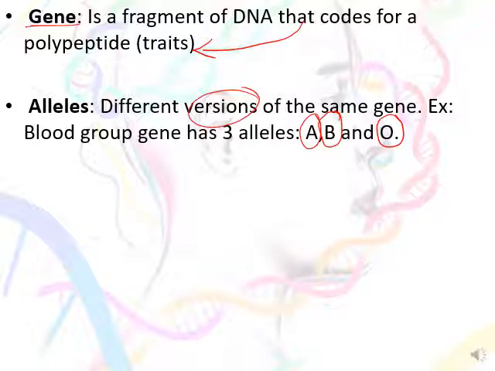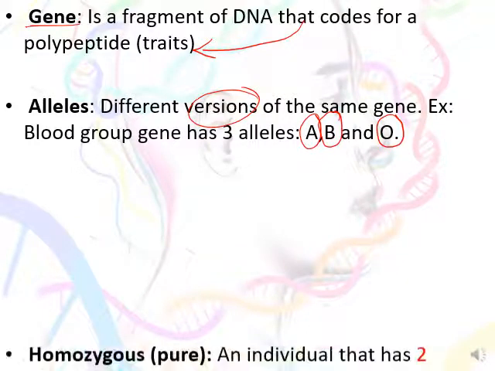Each one of these, for example the eye color gene, has different alleles. For example, brown allele, black allele, hazel allele, blue allele, or green allele. So alleles are different versions, or different models, of the same gene.